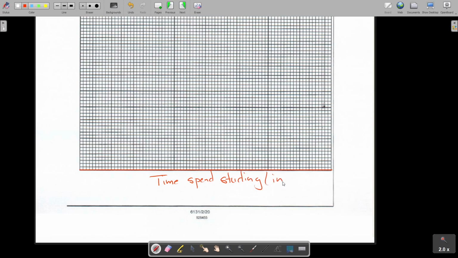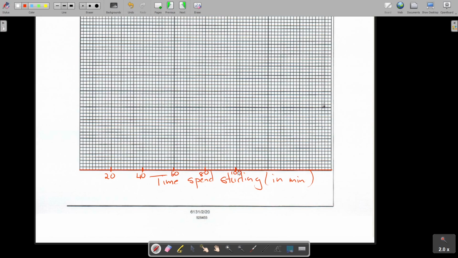And that's in minutes. Okay, and then they said 20, so it means 20, and then another 40, and another 60, and another 80, and that is 100.